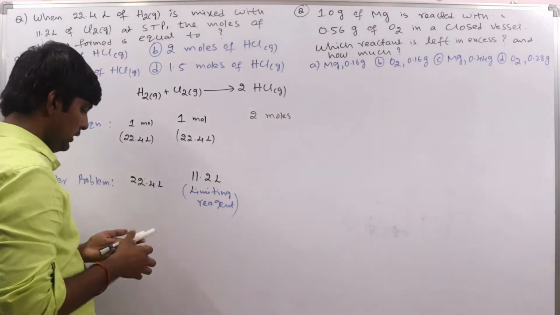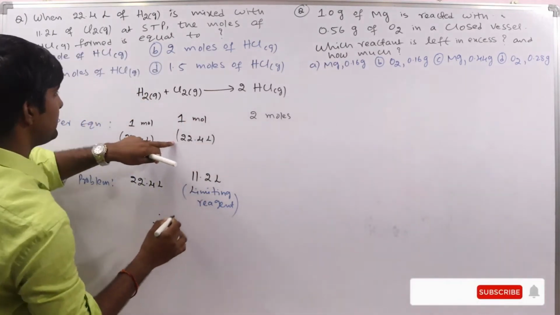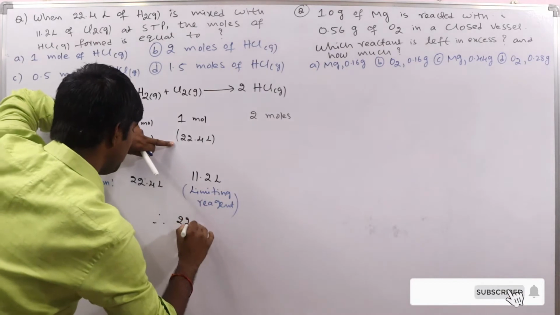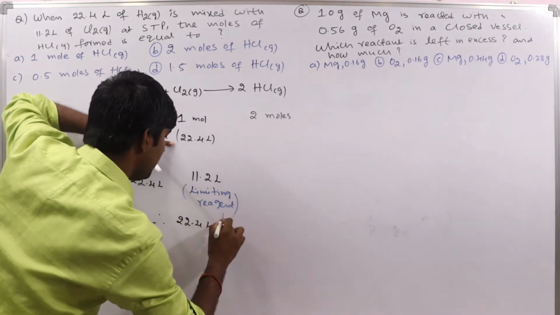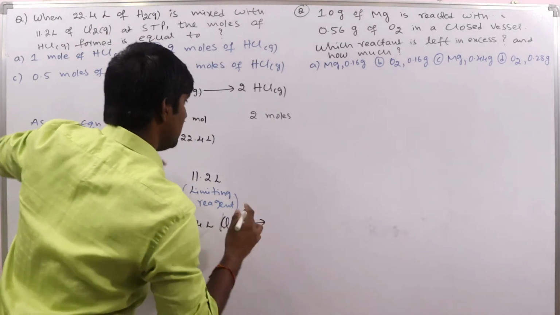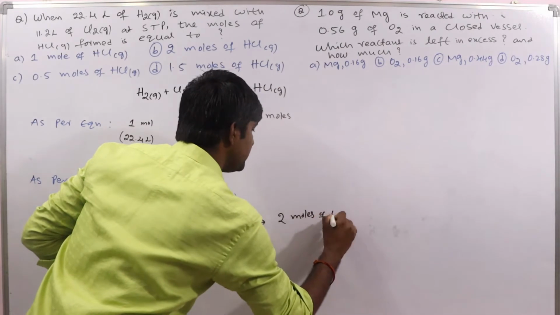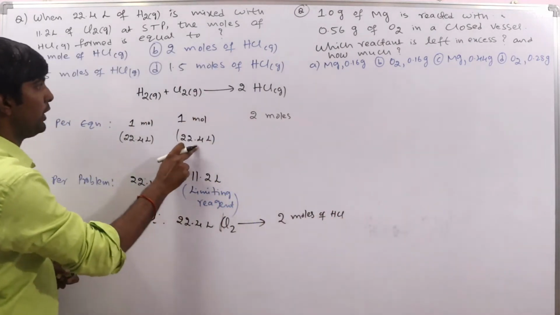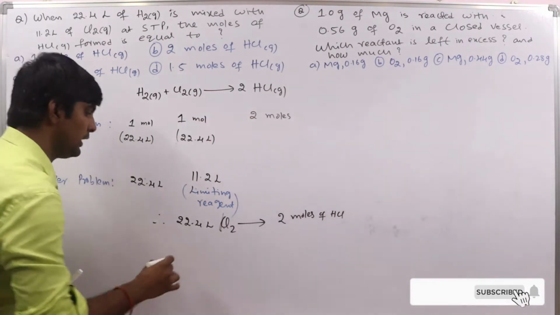See here, 22.4 liter of Cl2 gives 2 moles of HCl.